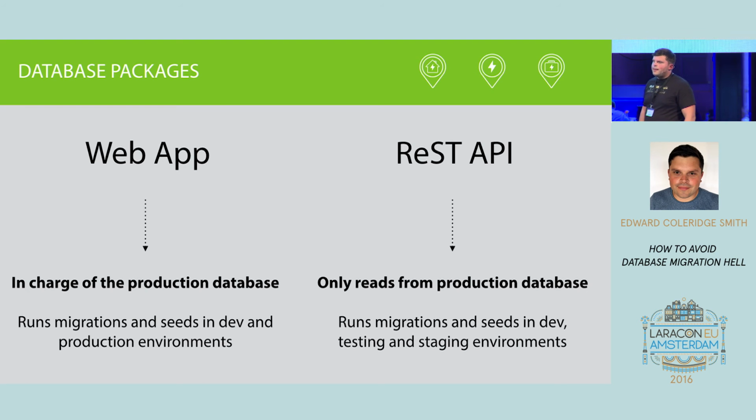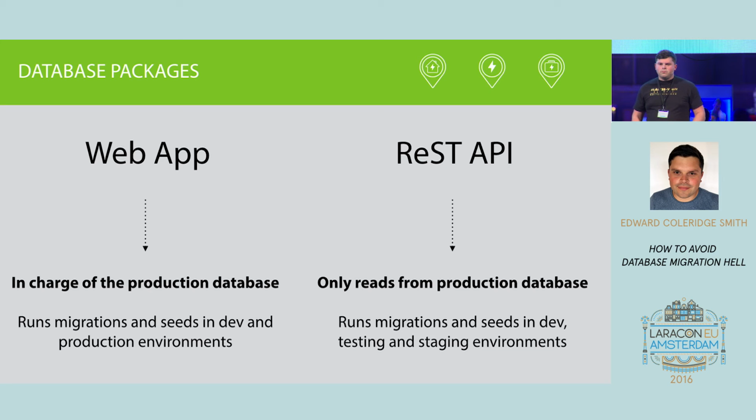So your web application's role is not going to change. Every time you make a deployment to it which has some new migrations to run or an updated seeder or anything like that, it will make those changes to the database, and your API is going to have it as a Composer dev dependency.